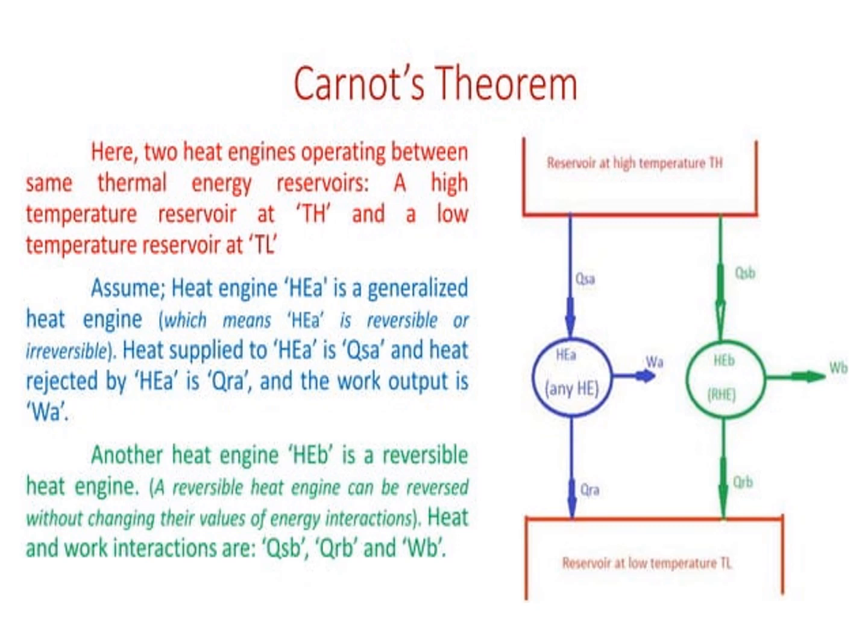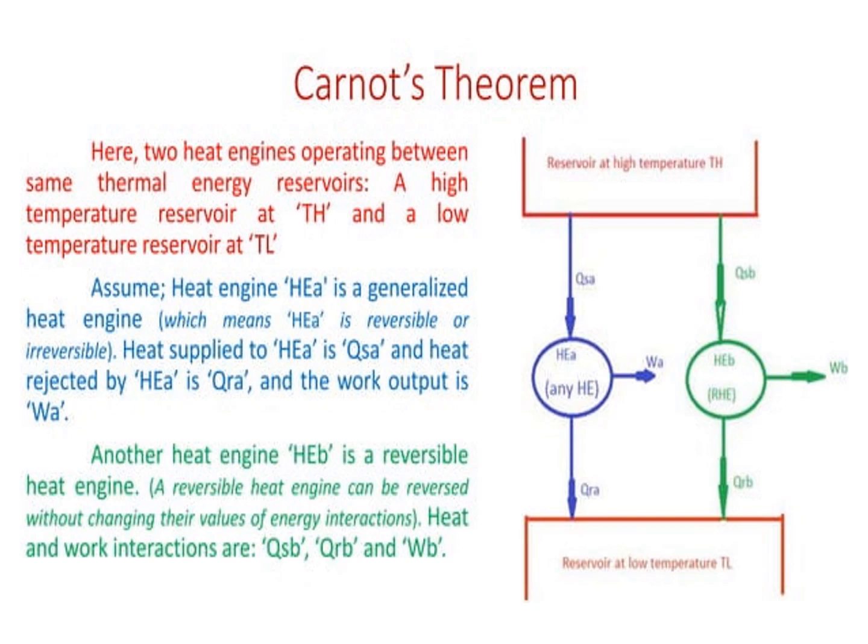HEB is the reversible heat engine, the second heat engine, shown in green color, and a reversible heat engine can be reversed without changing its values of energy transitions. The heat and work interactions here are QSB, QRB and WB. The work output of both engines is the same, WA and WB.